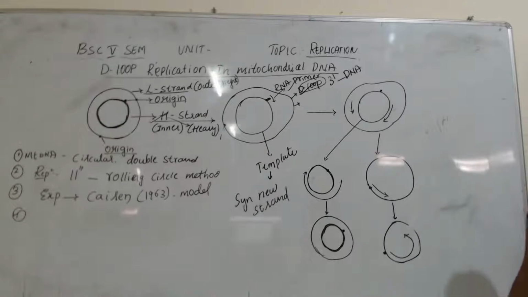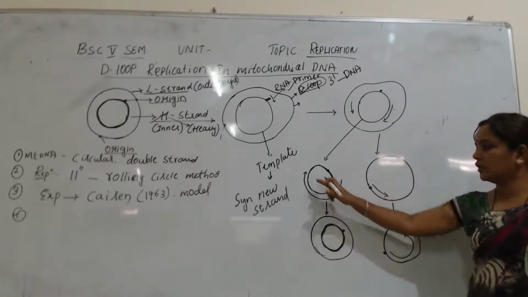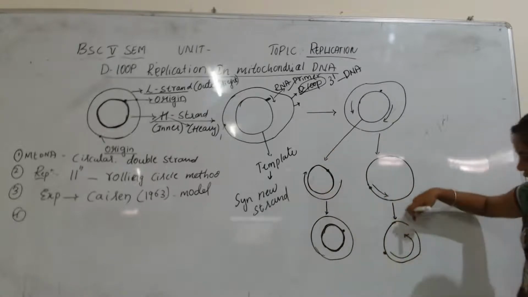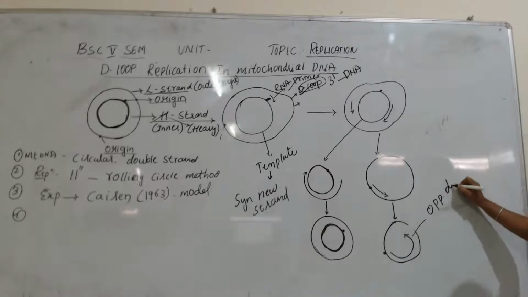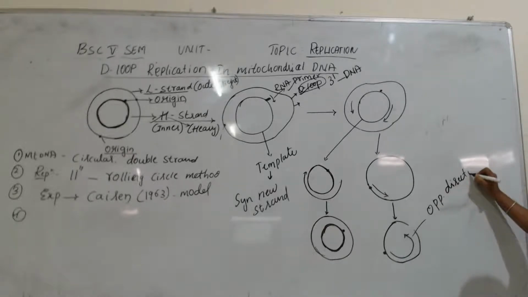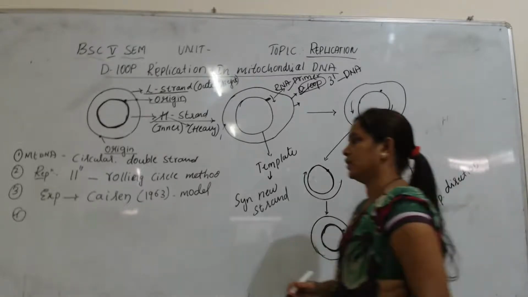So the synthesis of the new strand will be in the opposite direction. This is in this way and this is in this way. See here, opposite direction. In the beginning, the replication is unidirectional, and later it becomes bidirectional.